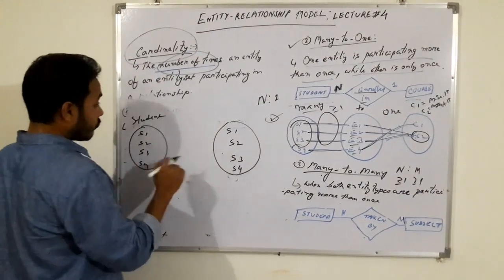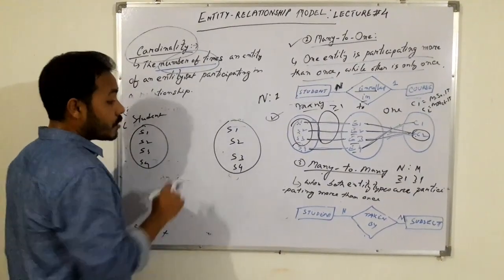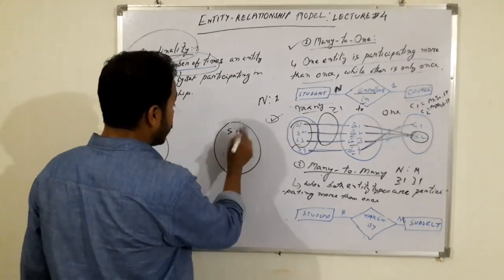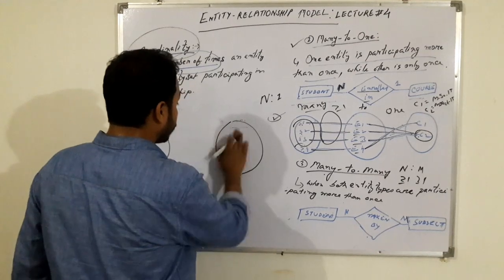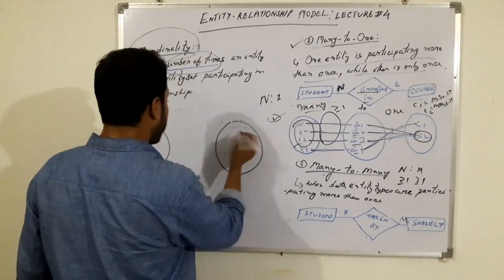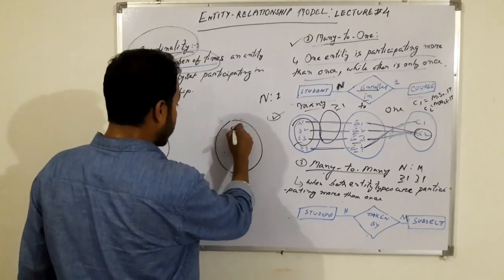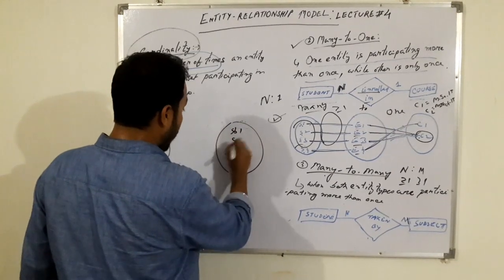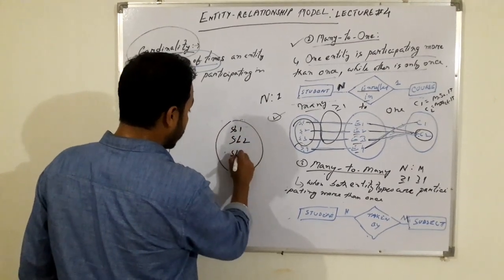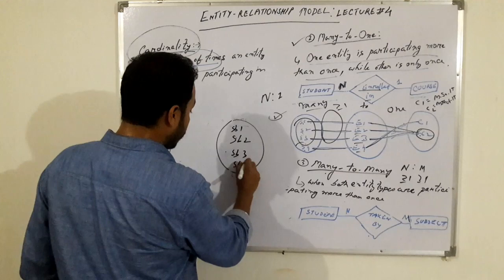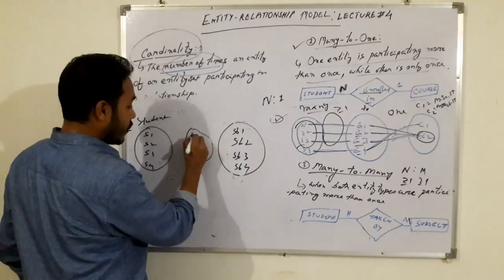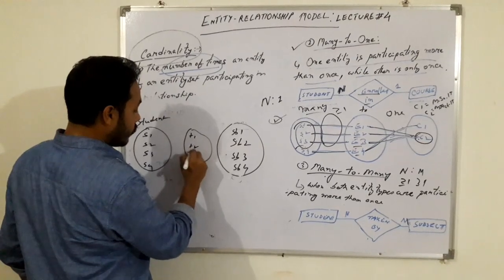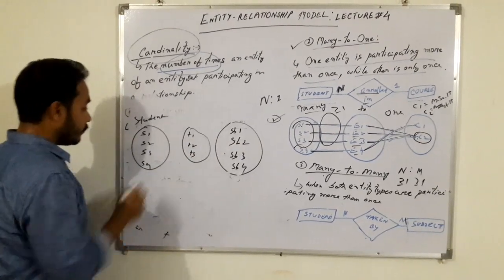This seems to be the same, so let's change it to something else, say SB1, SB2, SB3, SB4, T1, T2, T3, like that.